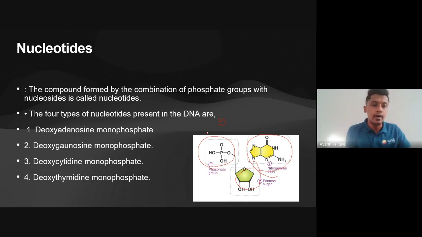Now we have our entire three components combining to form nucleotides, and their chemical names would be deoxyadenosine monophosphate. Why monophosphate? There is only one phosphate group present. That is why we call it monophosphate. Next, deoxyguanosine monophosphate, deoxycytidine monophosphate, and deoxythymidine monophosphate. So these are our nucleotides.